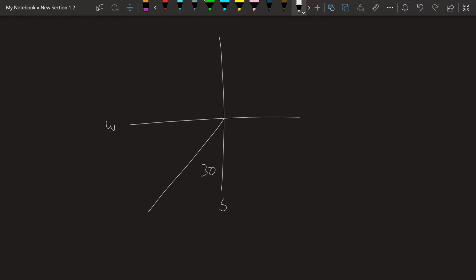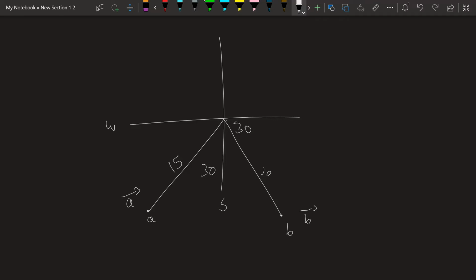And it has a magnitude of 15. This is point A. So this is vector A, right? And then they tell you you have a point B, magnitude of 10, on a bearing of 120. So this angle is 30. This is B, and it has a magnitude of 10. Vector B, right?